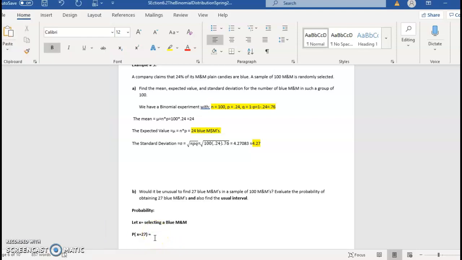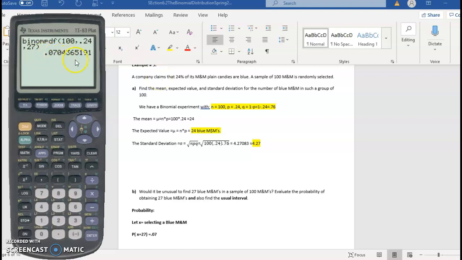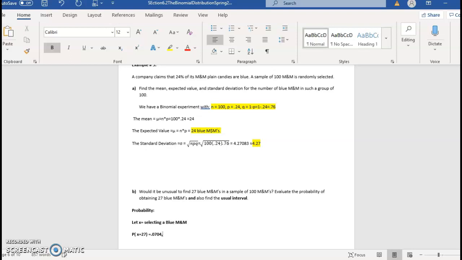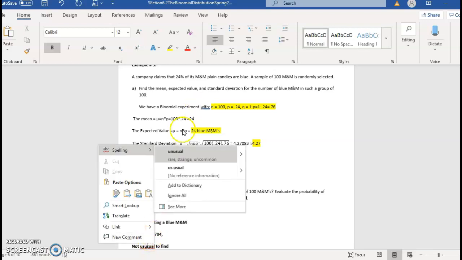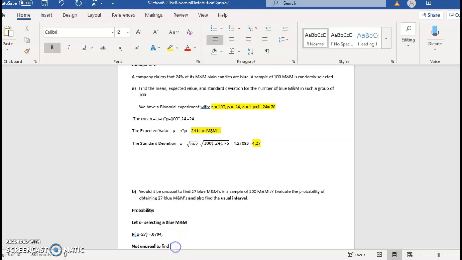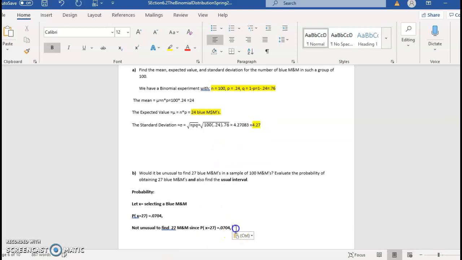I'm getting approximately 0.0704. So in this case, not unusual to find 27 M&Ms, since the probability of x equal to 27 M&Ms happens to be greater than 0.05.